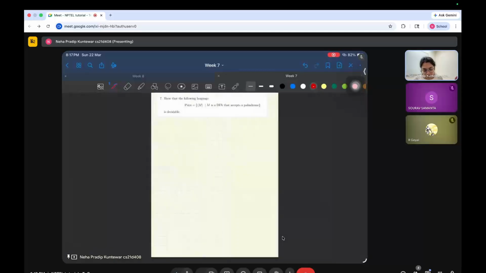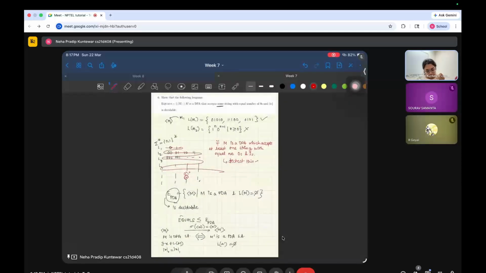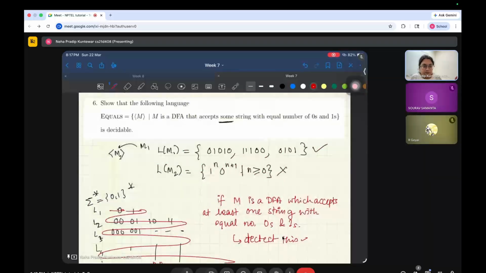Okay, yeah, here. So we had this question, which is the following language. You are given as input an encoding of a machine M, which is nothing but a binary string.